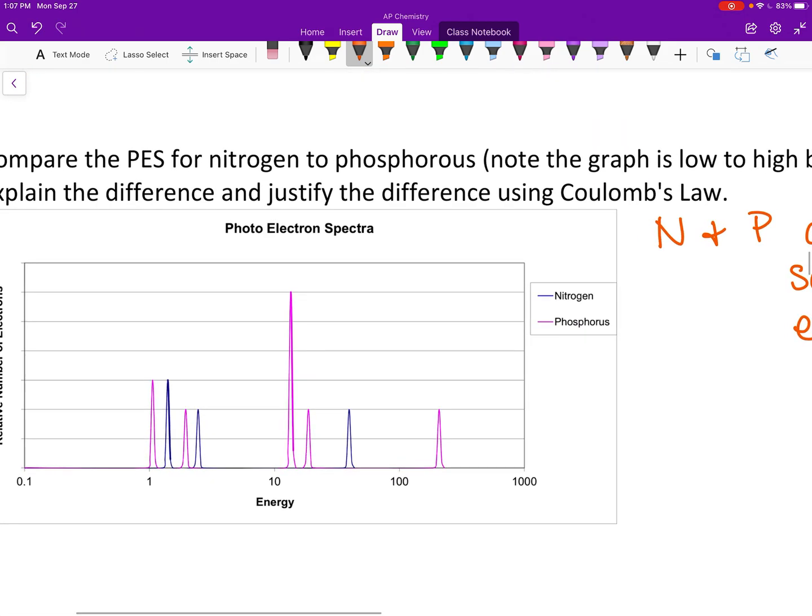Okay, so let's go ahead and take a look. I'm going to zoom in on this and let's just analyze what we have for the graph here. So for nitrogen, let's do nitrogen first since we've been working with it. We have our 1s2, our 2s2, and our 2p3. For phosphorus, we have our 1s2, 2s2, 2p6, 3s2, and 3p3.